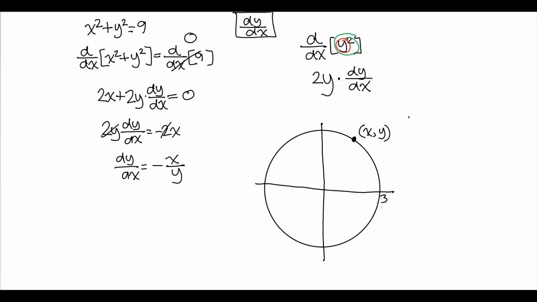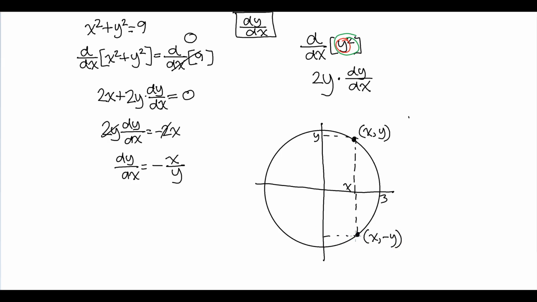Well, this is not a function, which means there is more than one y value for each x value. This is x, y, but there's another point with the same x coordinate, x negative y.